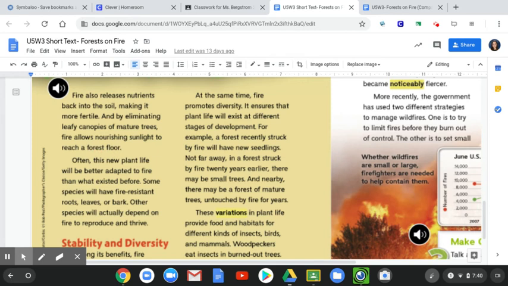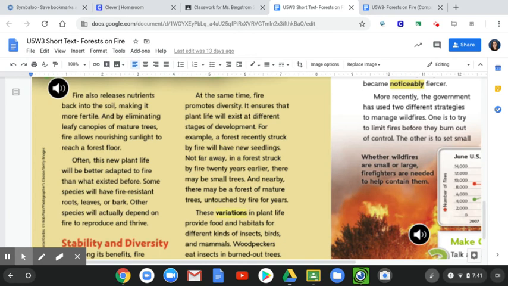When I'm trying to figure out what that word mature means, I can look at what it's connected to. I see that mature goes right before the word trees. So I know that that is an adjective, or a describing word, of trees. And it says they're going to be eliminating or taking away the leafy canopies, and leafy means like all of their branches probably.